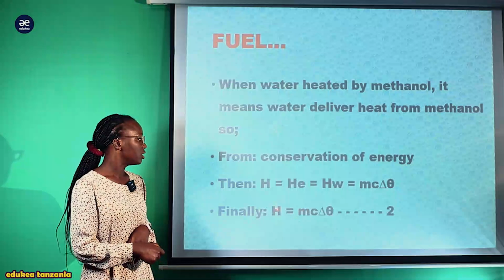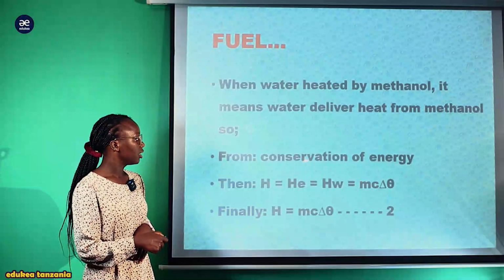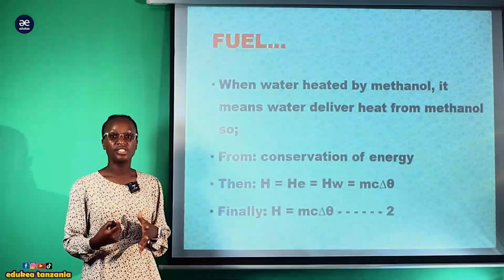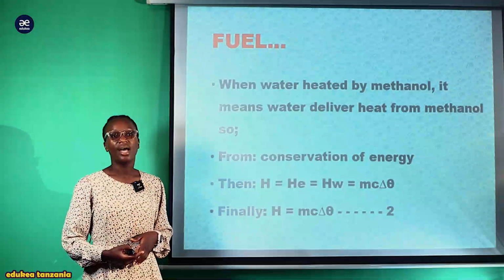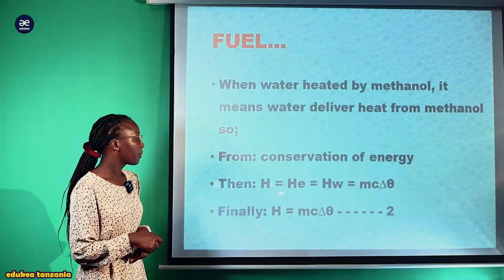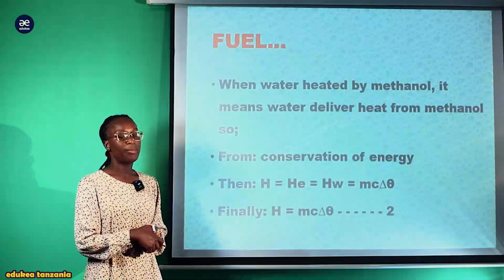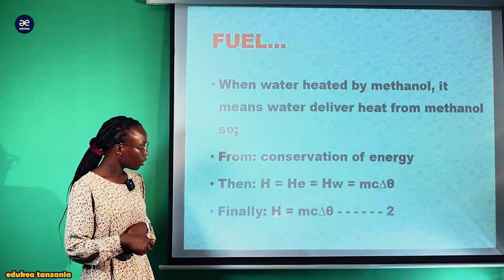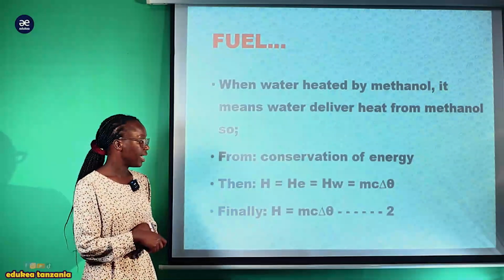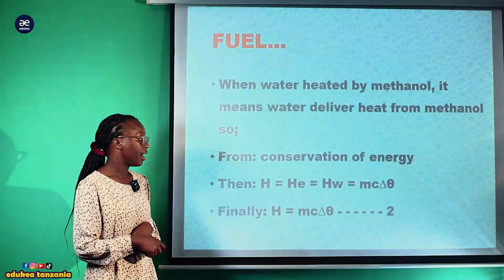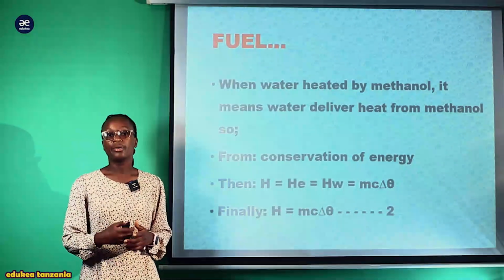According to the conservation law of energy, energy can be transferred from one form to another, but can neither be created nor destroyed, so the energy of the methanol is equal to the energy of the water. So generally, heat energy is equal to mc change in theta, which we bring here as equation 2.